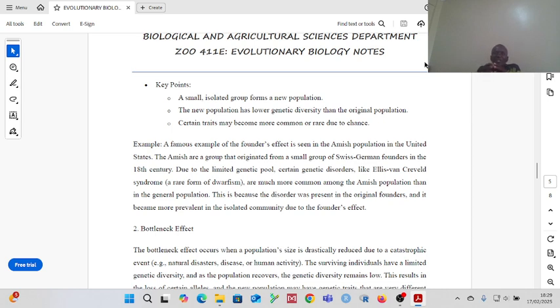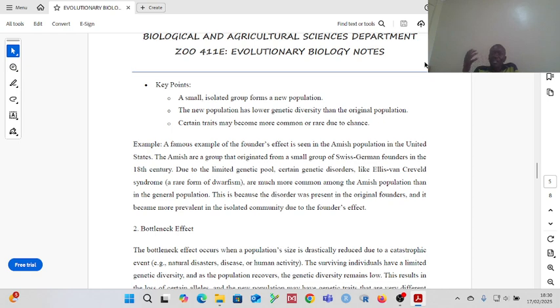Because the group that created the Amish was small, it meant that it had limited genetic diversity. And because of that isolation, there was no gene flow between this small group and the Swiss and other German populations. The resultant population has a limited genetic pool, which now has some certain genetic disorders.